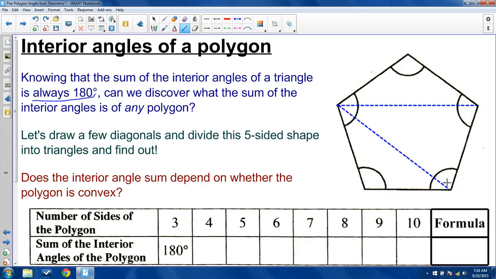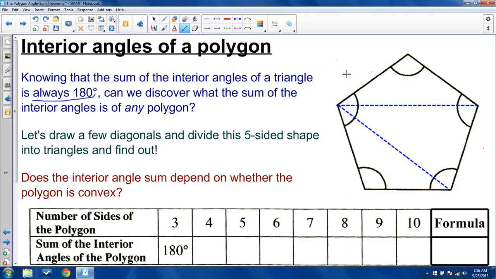The problem is if I start drawing more diagonals, yes, I've made more triangles, and I've also made a 5-sided shape inside, but now I've made triangles where there are interior angles that don't have anything to do with the interior angles of my actual 5-sided shape.